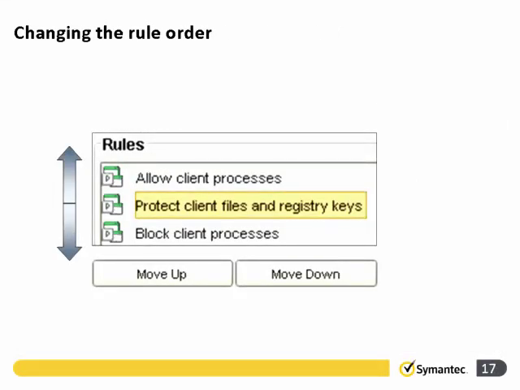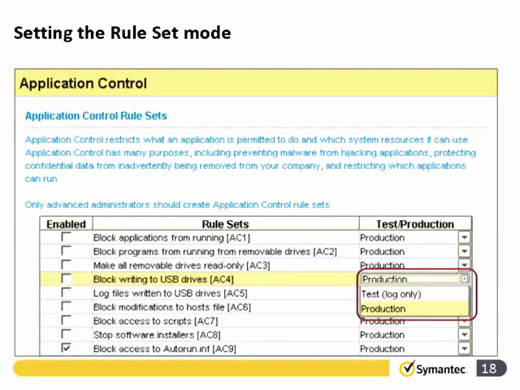And then we can change that rule order, if need be, by using move up and move down. We can set the rule set mode, making sure that on the right-hand side, we set it to production if we wish it to be active, and test if we wish it to log only.